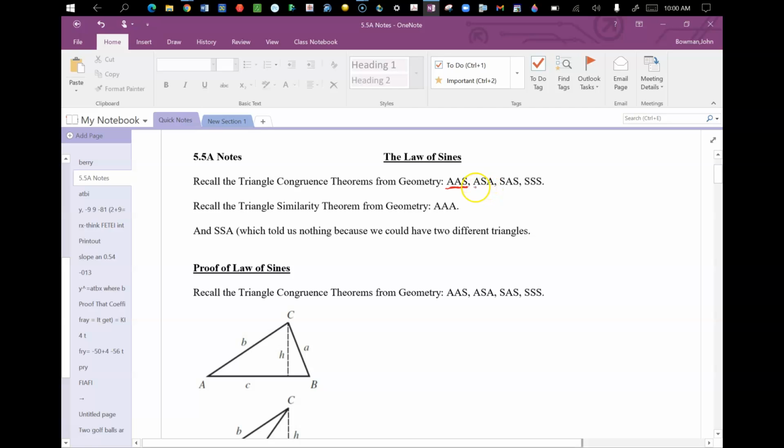If we had two angles and the side in between, we could prove two triangles are congruent. If we had two sides and the angle in between, then the triangles are congruent. Or if you had all three sides congruent, then you could prove that the two triangles were congruent. We're going to focus on these first three: angle-angle-side, angle-side-angle, and side-angle-side, because with these situations, in other words, if we know that information, we can use the law of sines to solve the triangles.